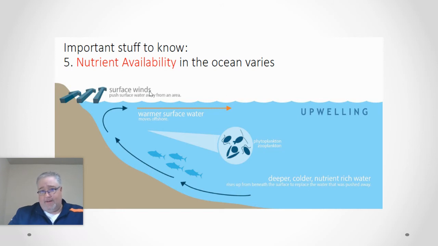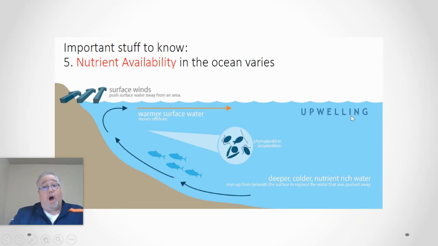Nutrient availability. Nutrients are important for fish and for other organisms to feed, but a lot of times the nutrients are at the bottom of the ocean. But because the ocean is moving and currents are flowing, a lot of times those nutrients will come up to the surface.